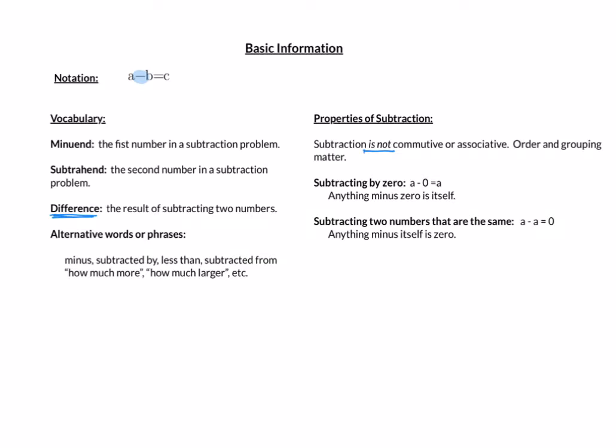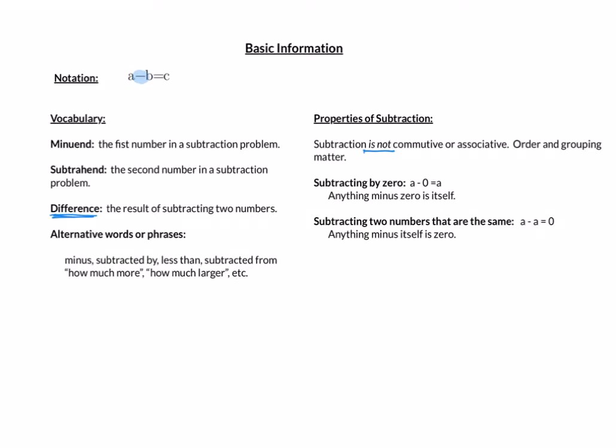We also have the result of subtracting two numbers that are the same. If you subtract two numbers that are the same, the result is 0. All right, so let's go ahead and look at some subtraction problems now.